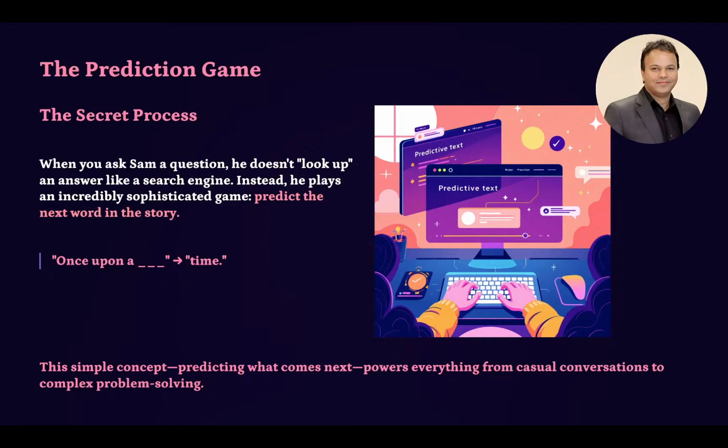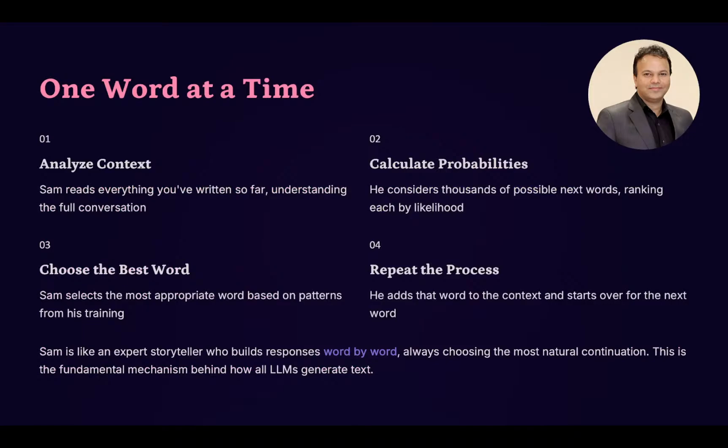It knows that the probability of a word after once upon a is 92%, right? So after once upon a, almost 92% of the time it's going to be time. Very rarely it's a different word, right? Very interesting. So this predicting of what comes next makes our LLMs very smart and starts generating.